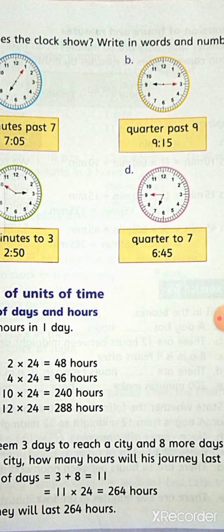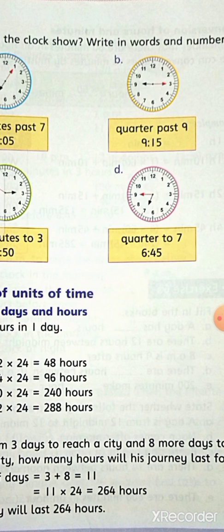In the D part, minute hand is exactly on 9 and hour hand is just before 7. So time is, very good, quarter to 7. Quarter to 7 means if you count after 9, 10, 11, 12, 15 minutes are left.